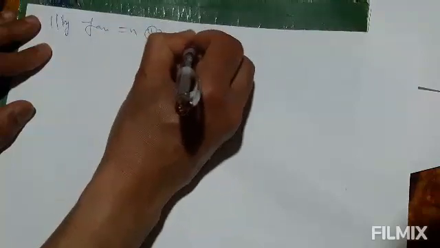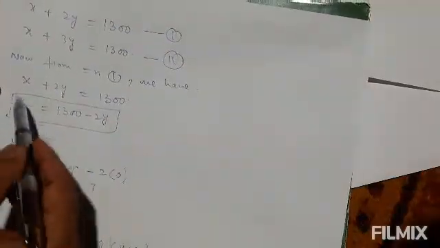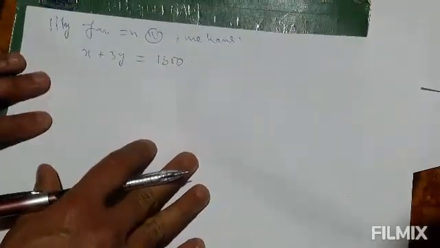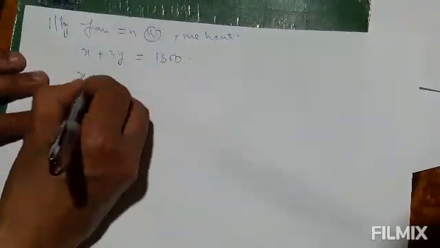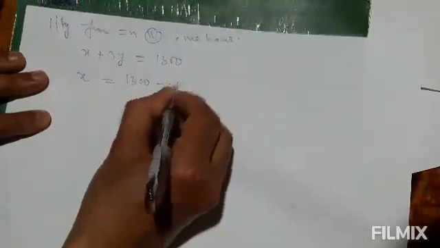Similarly, from the second equation we have to do the same as we did in this step. It is x plus 3y equal to 1300. Do you follow me? So x equals 1300 minus 3y.